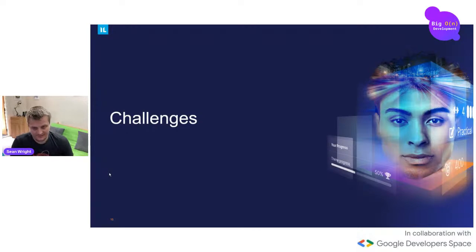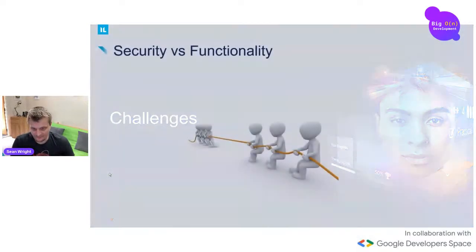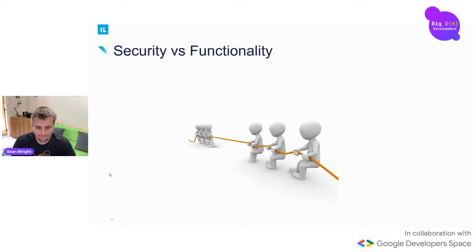So there are some challenges to doing all this wonderful stuff. At the end of the day, security and functionality are often at opposite ends of one another. Very rarely does security allow greater functionality. It often hinders functionality, so there's often that to and fro.